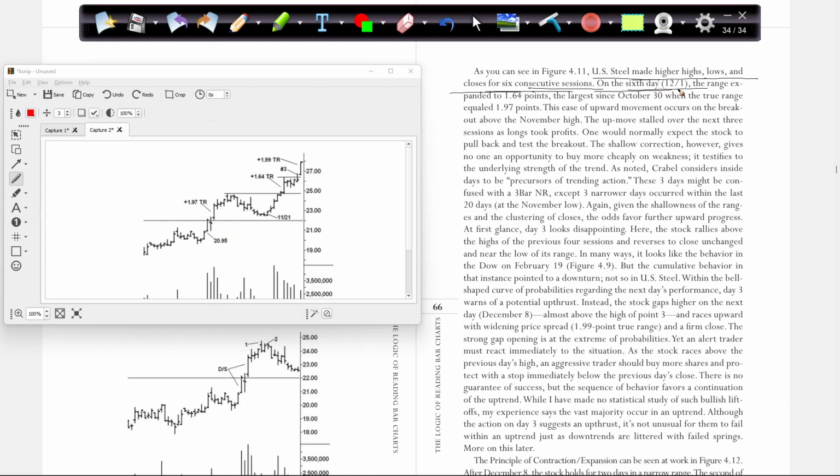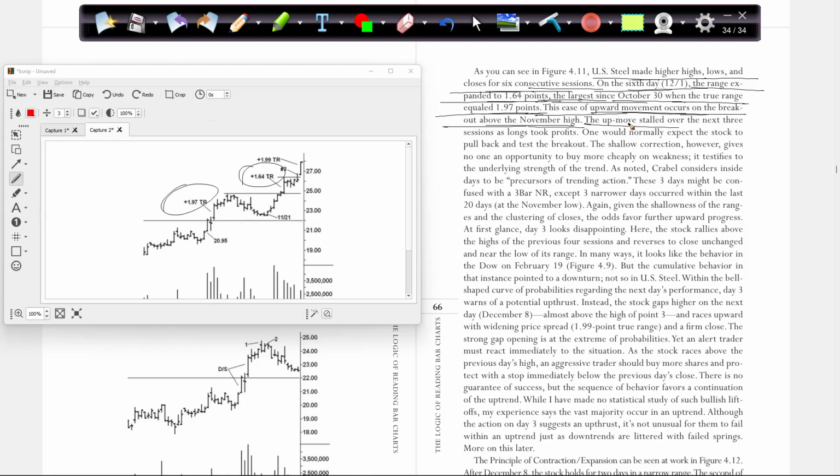On the 6th day, 12/1, the range expanded to 1.64 points, the largest since October 30, where the true range equaled 1.97. This ease of upward movement occurs on the breakout above the November high.